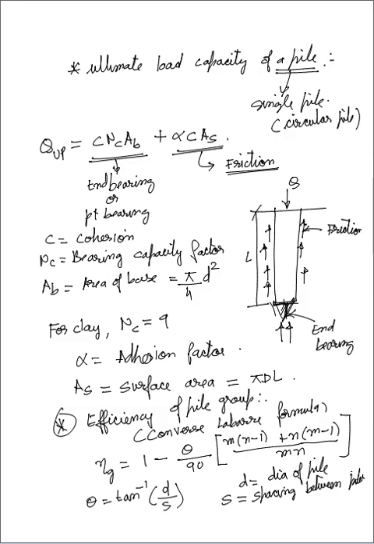I will show you by drawing the figure. See here, suppose this is a pile group. It is 4 by 4. Basically m is equal to 4, n is equal to 4, 4 rows, 4 columns. So the mn values we can get from the number of rows and number of columns.